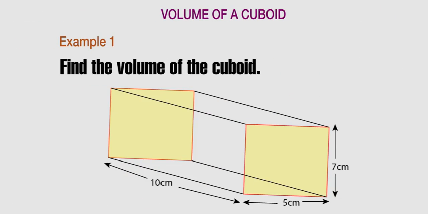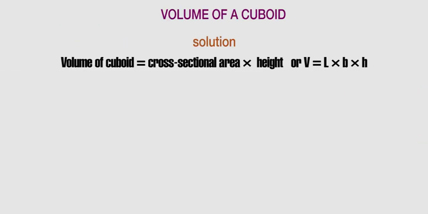Example 1. Find the volume of the cuboid with length 10 centimeters, breadth 5 centimeters, and height 7 centimeters. Let's look at the solution. Volume of cuboid is equal to the cross-sectional area multiplied by the height, or volume equals the length multiplied by the breadth multiplied by the height.